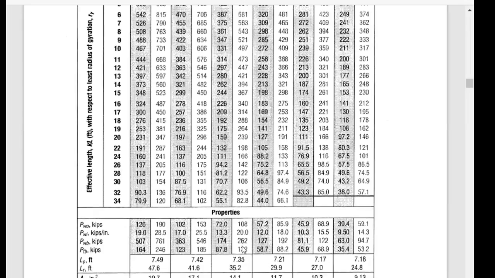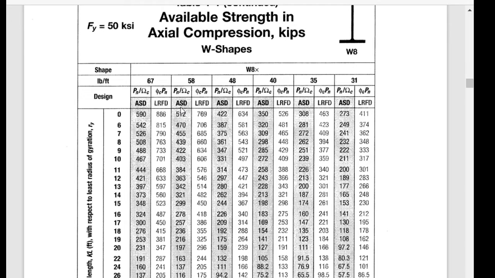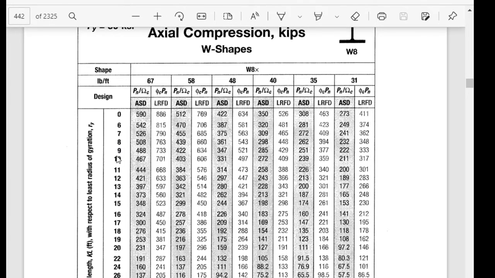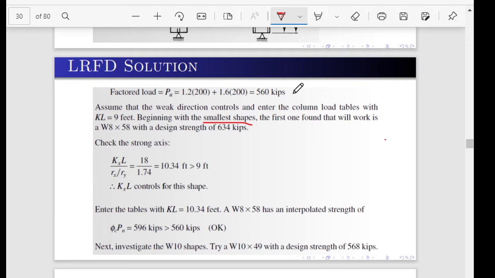So remember the KL, we base on our effective length, we assume at the weak point, meaning half. So KL is equal to 9. It should be slightly greater than the computed factored load.